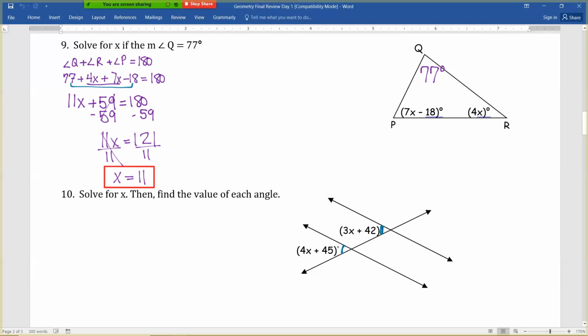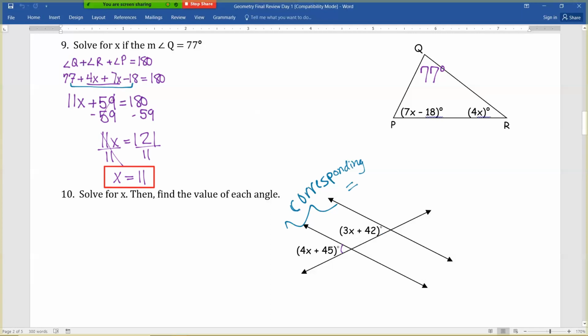This one's also on the left side. They're on the same side of the transversal in the exact same position, which means they're corresponding angles. And corresponding angles are always congruent. They're equal to each other.